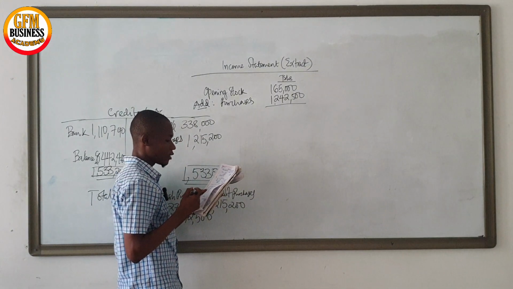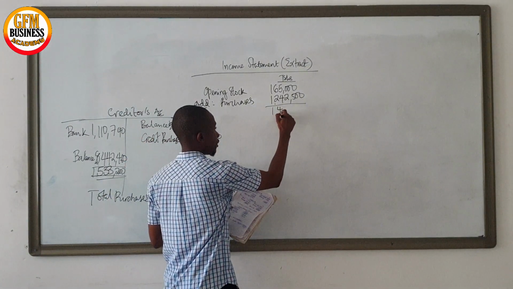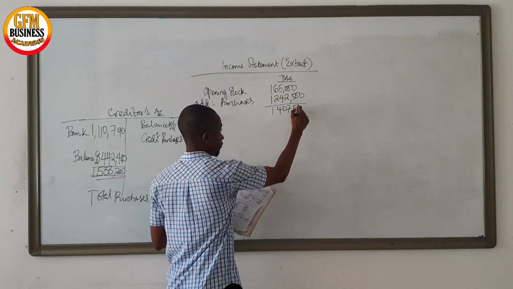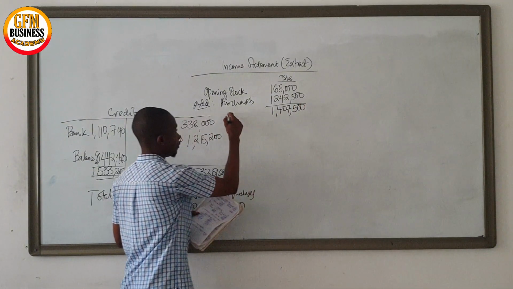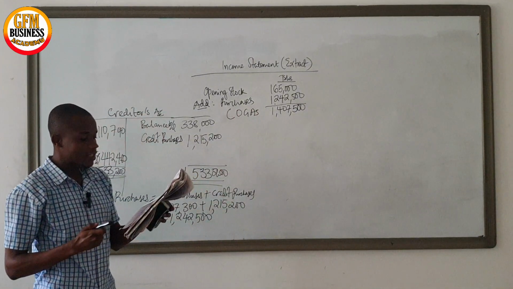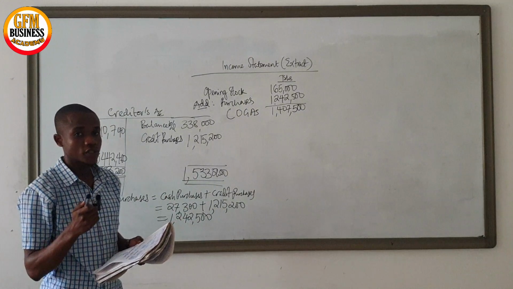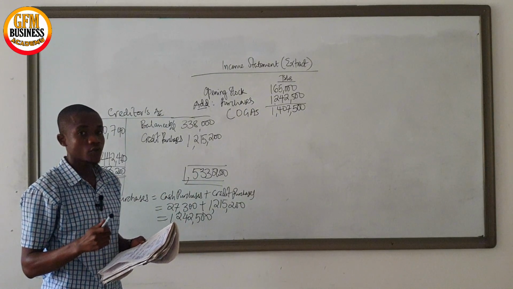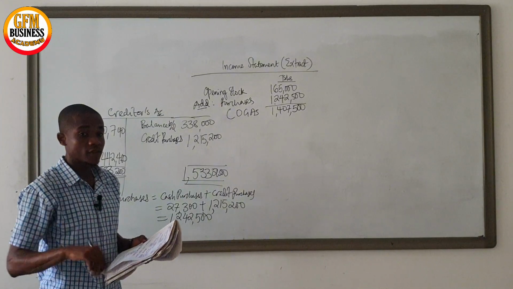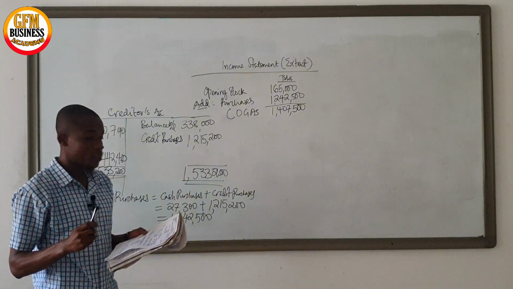You will get an answer of 1,407,500. This will relate to COGS. Our target is to get COGS, cost of goods sold. Why? Because we were given 40% markup, and markup simply relates to cost of goods sold.